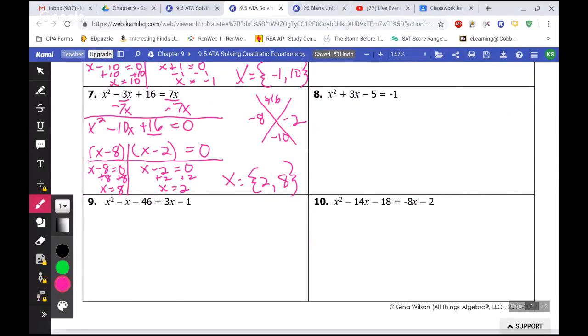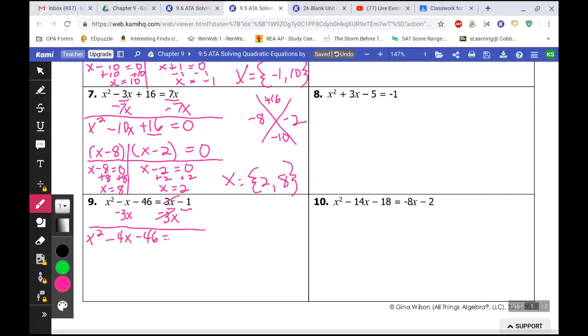All right, now this time on number 9, I have two things to combine. I've got an X term here and a constant that needs to go to the left-hand side. So I'm going to subtract 3x from both sides. And if you were inclined, yes, you can do this at the same time.